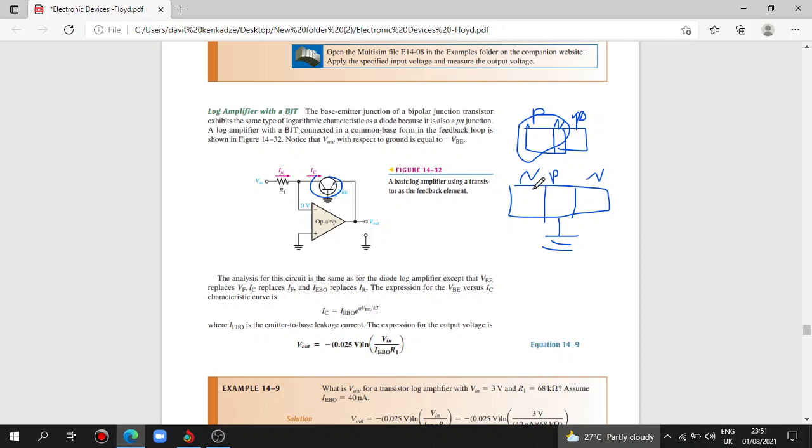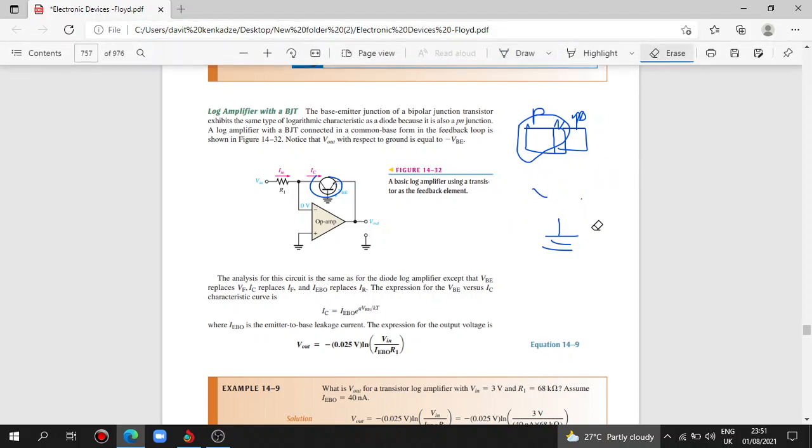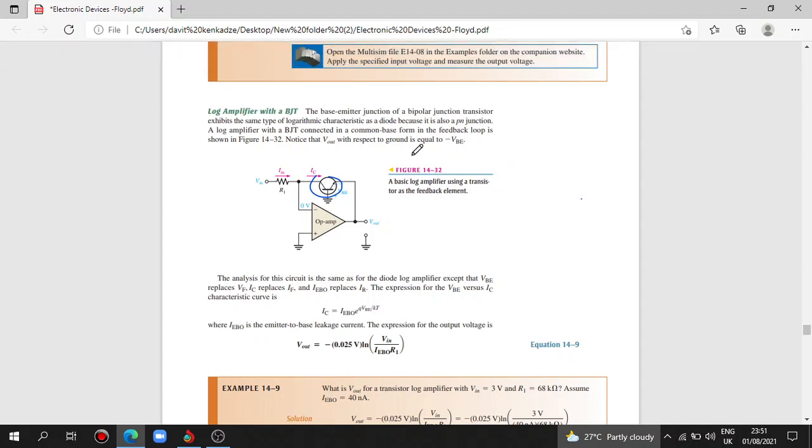We use these parts. A log amplifier with a BJT connected in the common-base form in the feedback loop is shown in the figure.